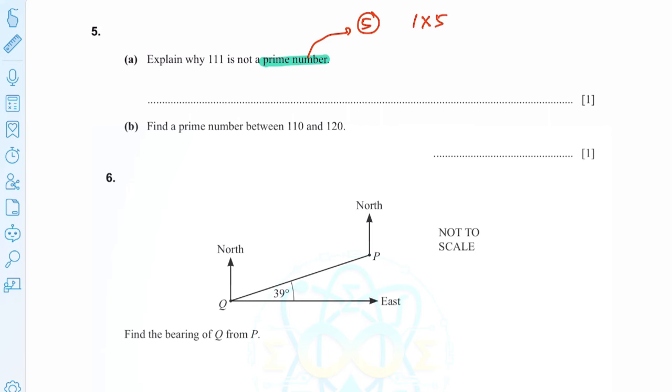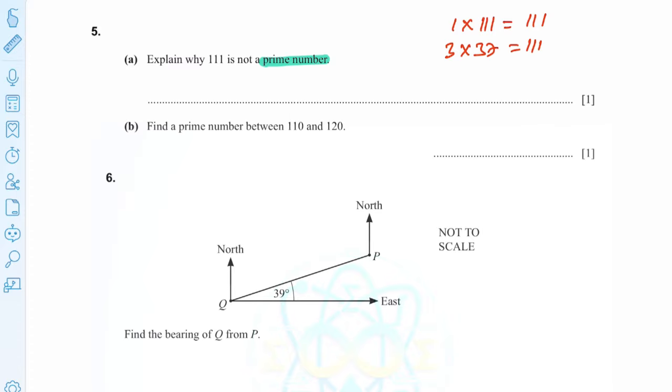Clear? For example, I'm saying 1 times 5 equals 5. Is there any other possible factor? No. So you have two factors here, 1 and 5. That's why it is a prime number. Did you get it? But in the case of 111, we can say 1 times 111 equals 111, and 3 times 37 also equals 111.